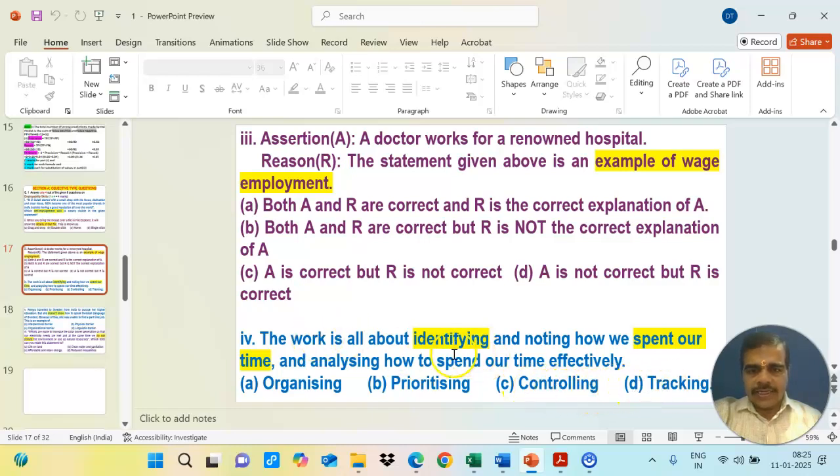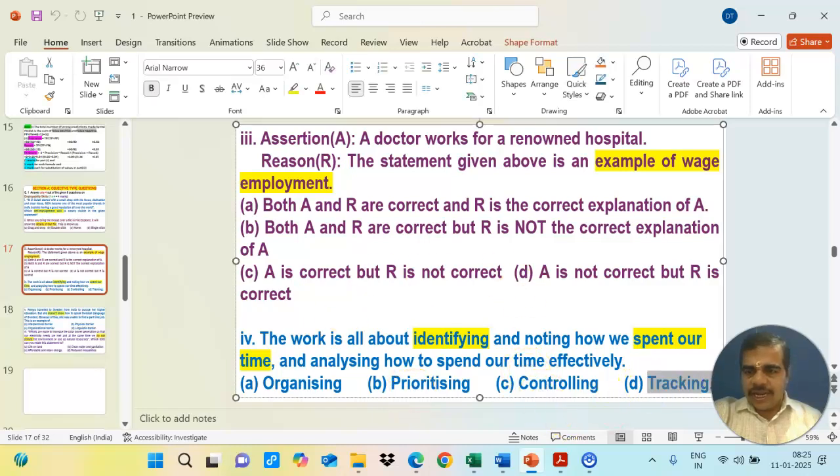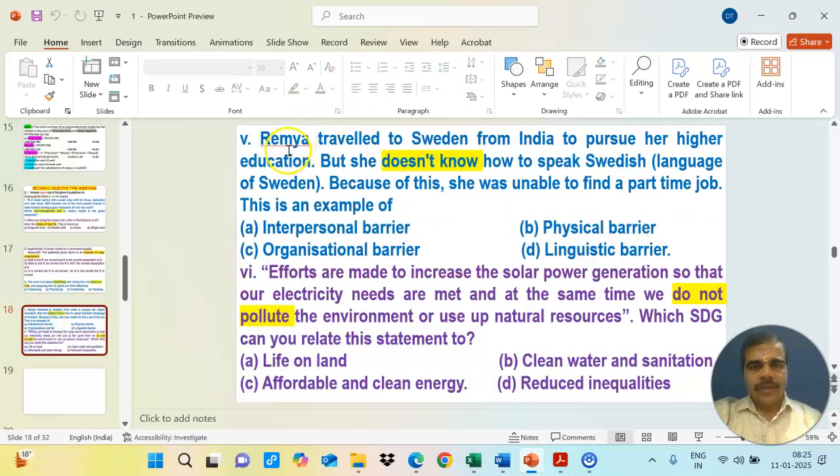So here it is identifying how we spend our time. It is not organizing, it is not prioritizing, controlling also it is not. So your correct answer will be tracking. What are we doing? We are tracking. So the correct answer is tracking. Now go for the next one.